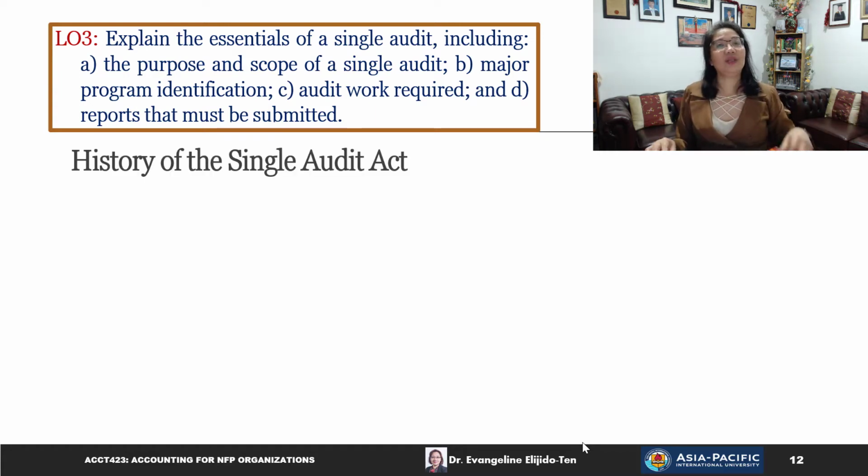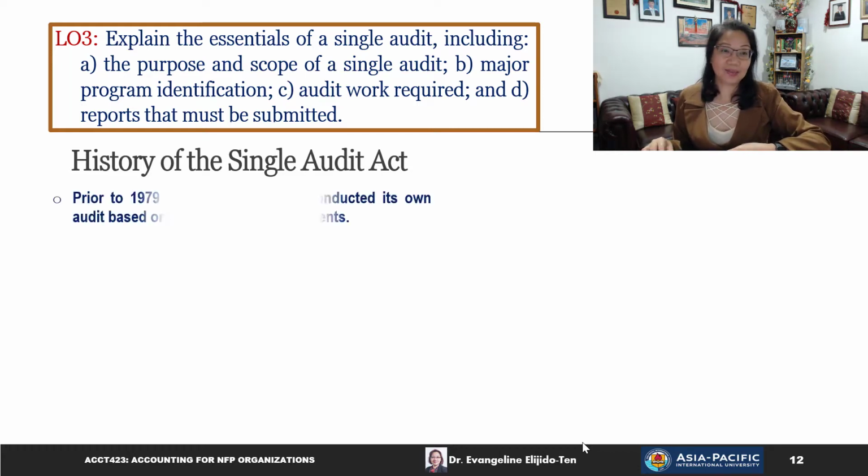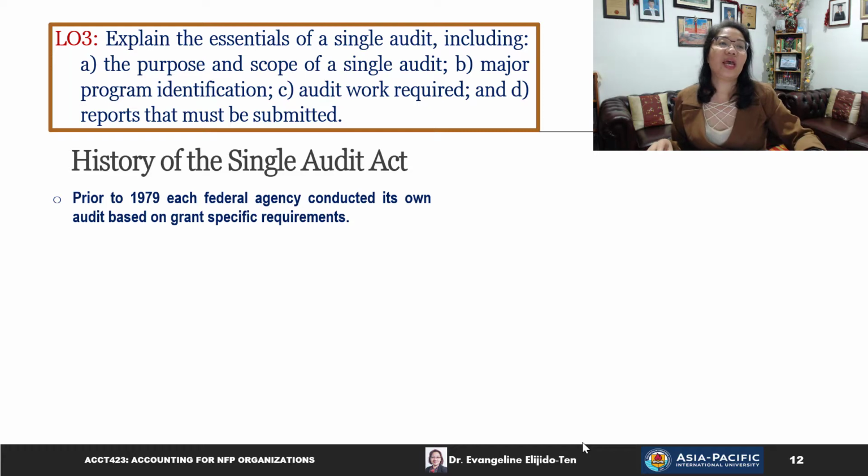Let's start with a bit of a history of the Single Audit Act. It was prior to 1979 when each federal agency conducted its own audit based on grant-specific requirements. Just to give you a bit of context, federal government aid to state and local governments is in the billions of dollars, not just millions, but billions of dollars.